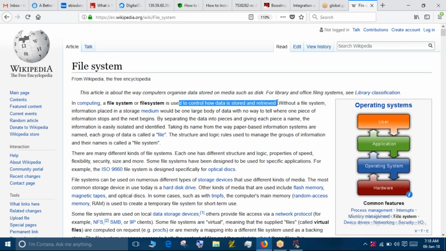Suppose if file system is not there, then information stored on the medium, I mean your hard drive, would be one large body of data with no way to tell where one piece of information stops and the next one begins.